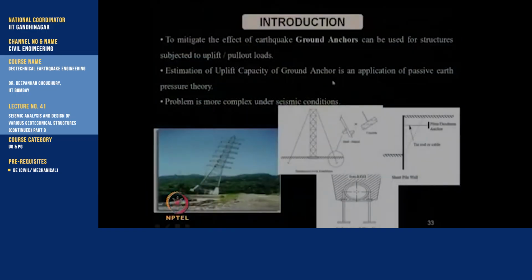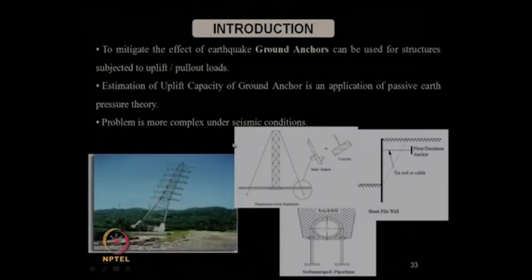Now, with this basic concept of ground anchor and its application using passive earth pressure theory, this problem becomes more complex under the seismic condition, and these pictures show the practical applications of ground anchors. As I said, we put the ground anchors in the foundation support of transmission towers, always at four corners, so that it does not lift up like this.